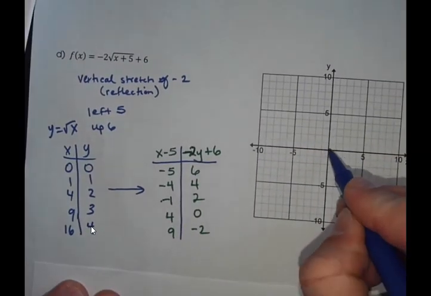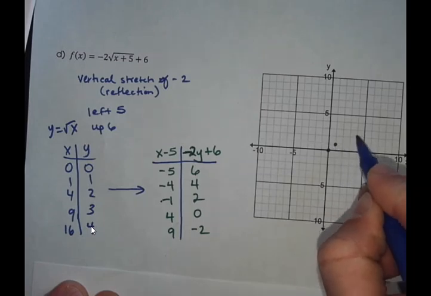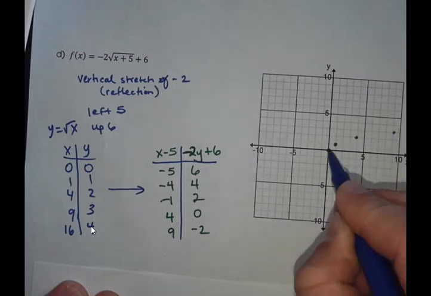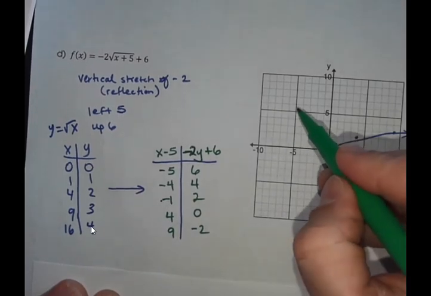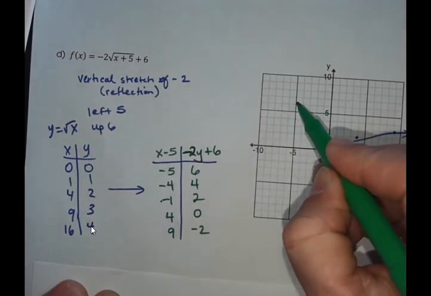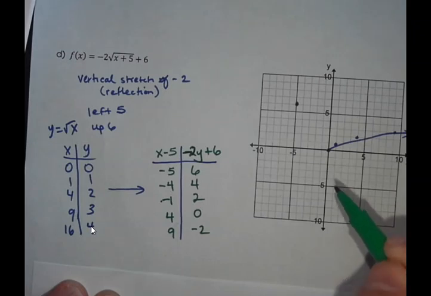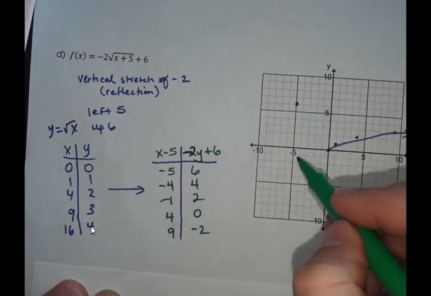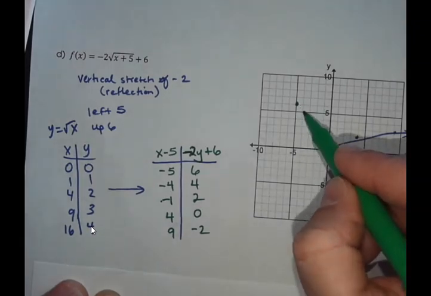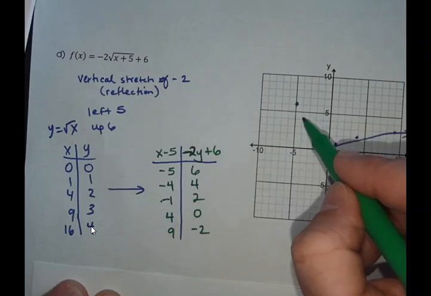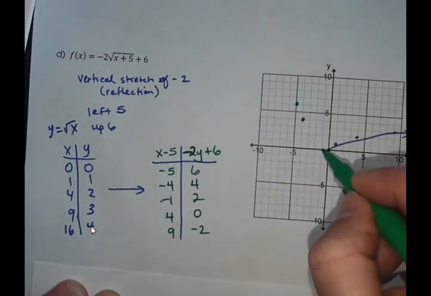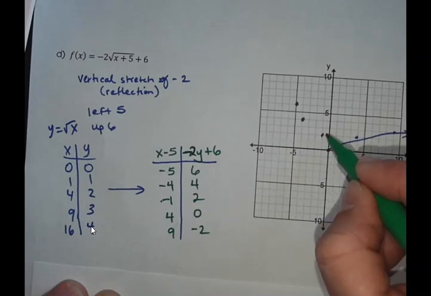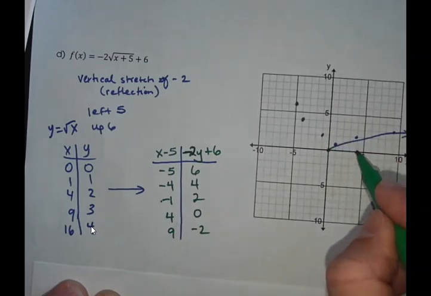All right, so I sketched my parent function. -5, 6. And then -4, 4. -1, 2. 4, 0.